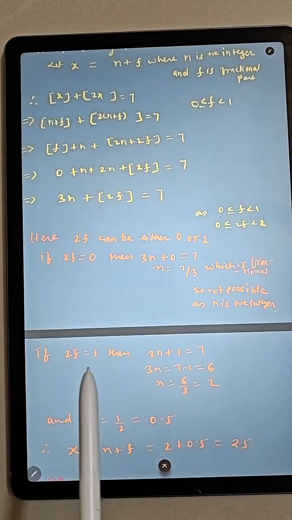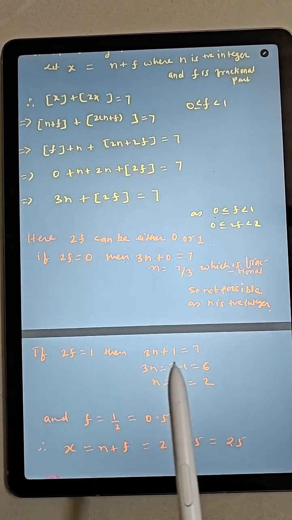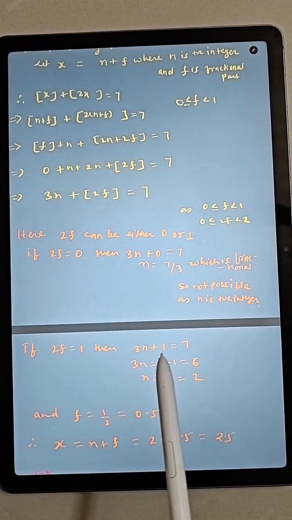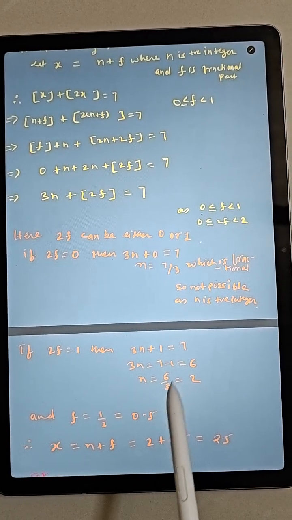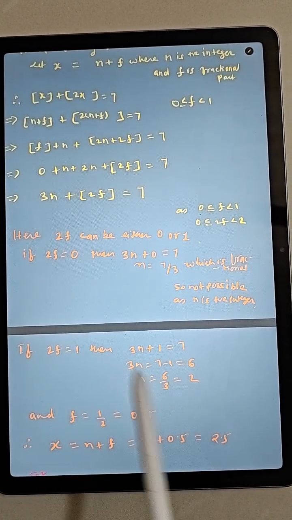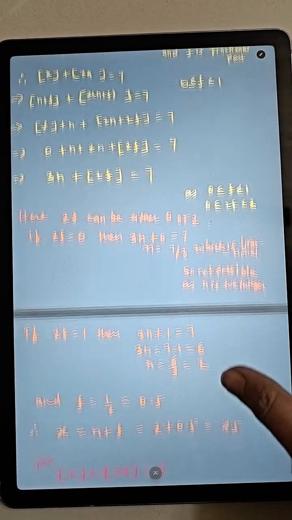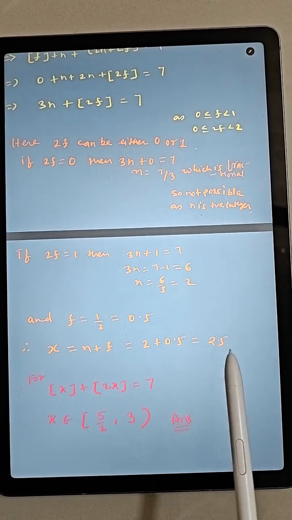Now if the greatest integer function of 2f is 1, then this equation will give you directly 3n plus 1 equal to 7, so 3n is 7 minus 1, which is 6, that is n is 6 by 3, that is 2. And from this you can find f as 1 by 2. So we can have x as n plus f, so 2 plus 0.5, that is 2.5.